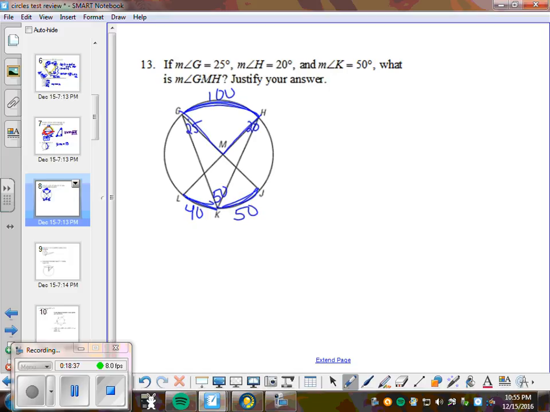Okay, now we have J to L is 90. Now remember, this angle M is an intersection inside the circle.